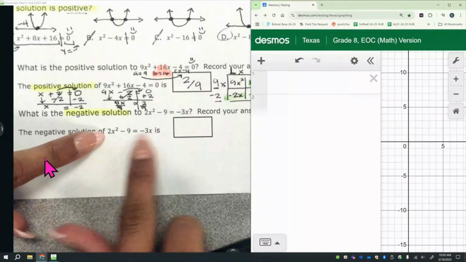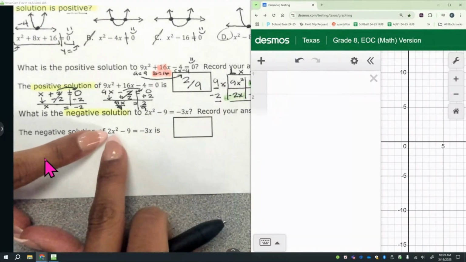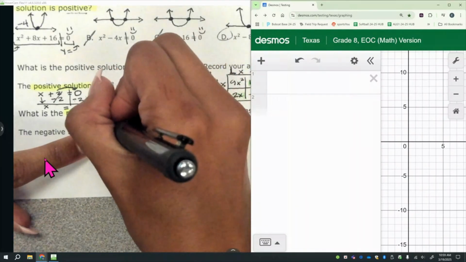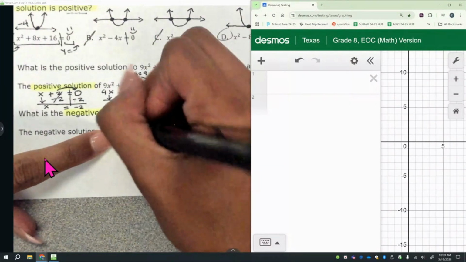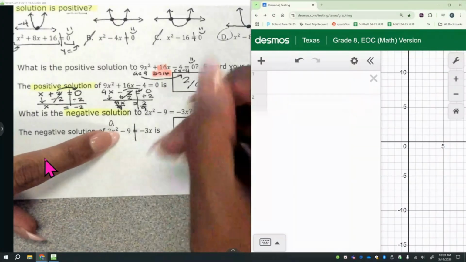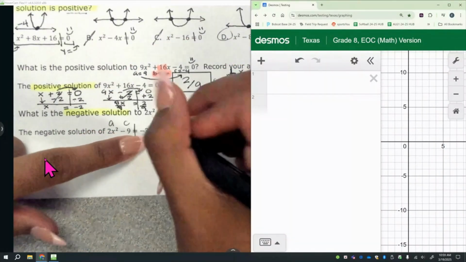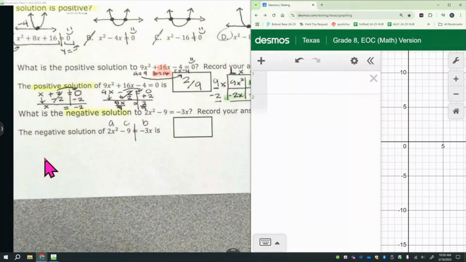No, it's not in standard form. So let's list out ABC. X squared is my A. Negative 9 is just a number by itself, so that's got to be C. Negative 3x is my B.